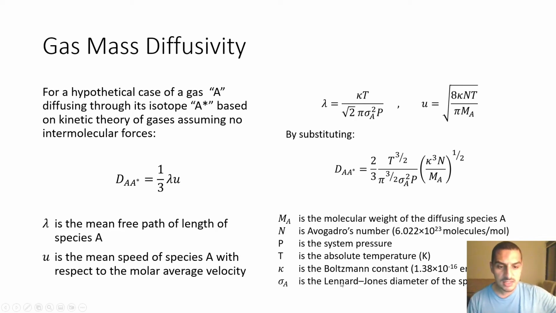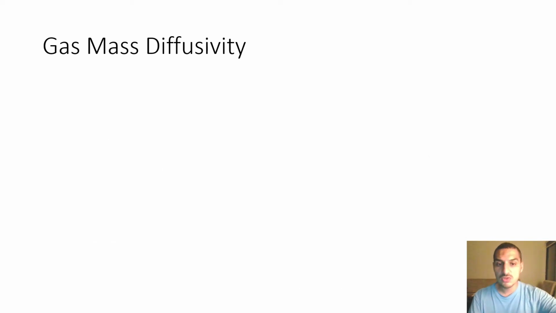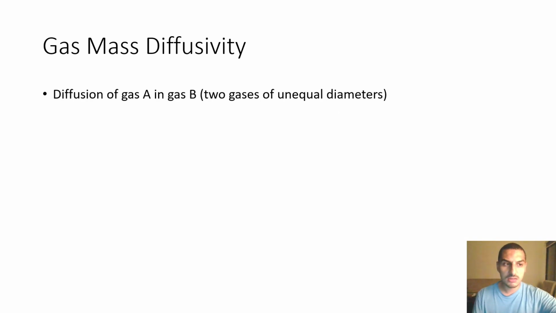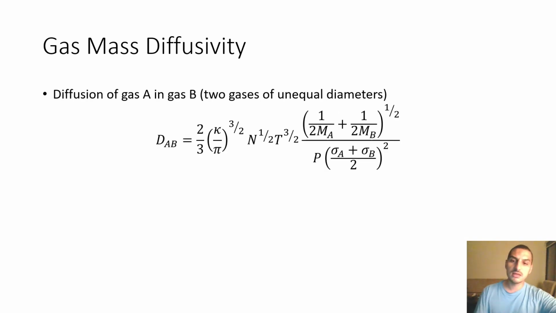And sigma A is what we call the Lennard-Jones diameter of spherical molecules. So this is a way of describing the molecular volume or the molecular size, which is the diameter of spherical molecules. And this equation was manipulated so that it can fit two species A and B that have different molecular volumes.